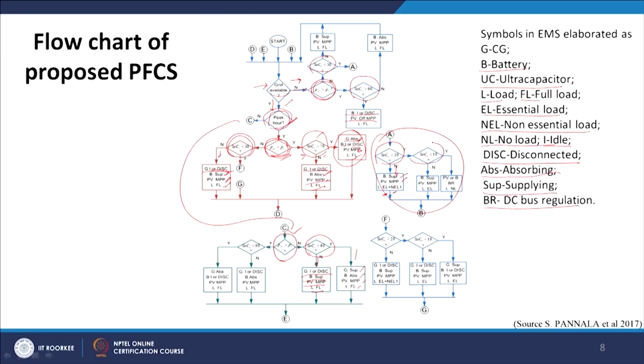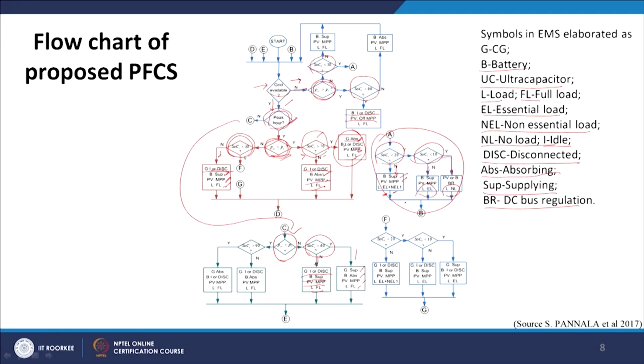If the battery is still less than 10%, then I will go for only essential loads, and if it is not less than 9, then I will cater my essential load.